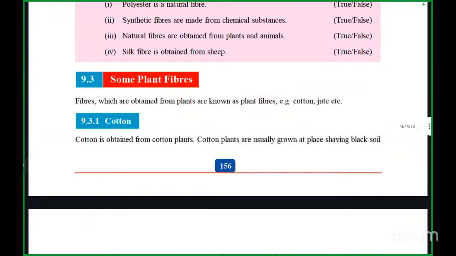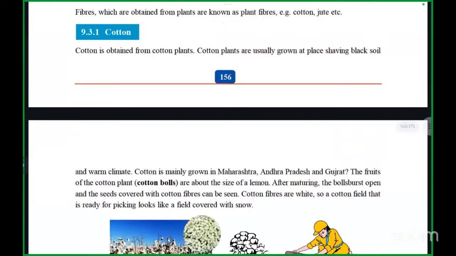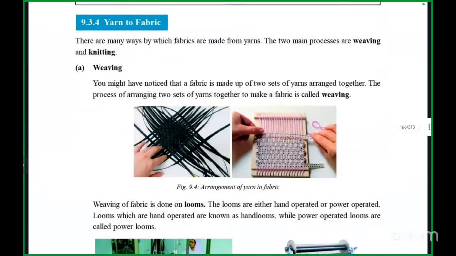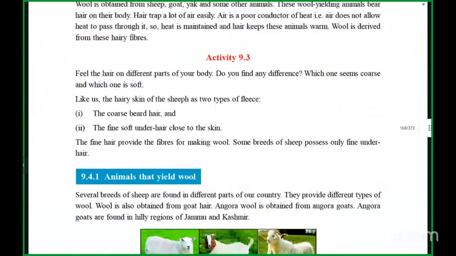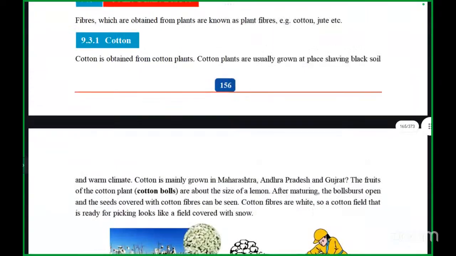Now, when you are writing the process of converting the cotton fibers from cotton, the first step is that you collect the cotton balls from the cotton plant.